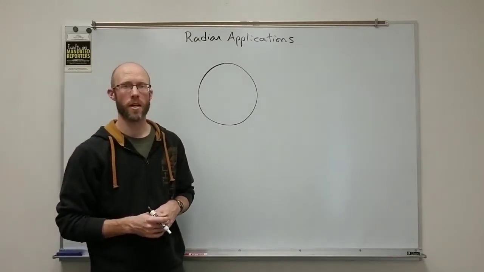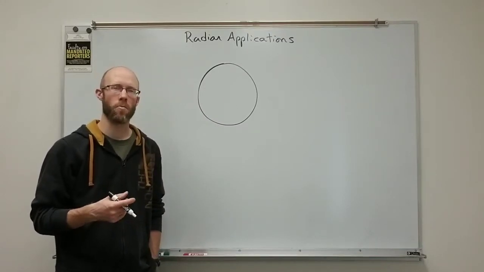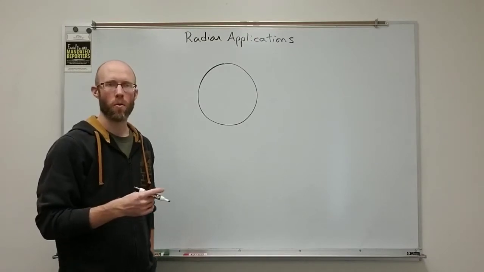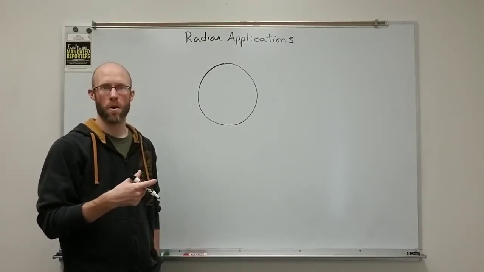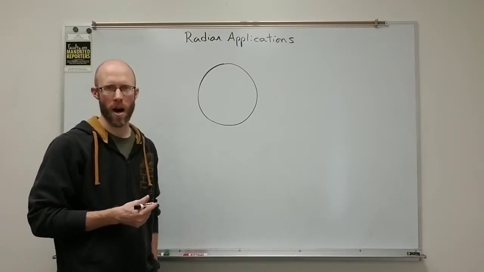The first thing is, if I had a circle, radian measurements for angles will help us to find arc lengths and angles for sectors, or small portions or wedges out of a circle, kind of like pie pieces out of a pie.